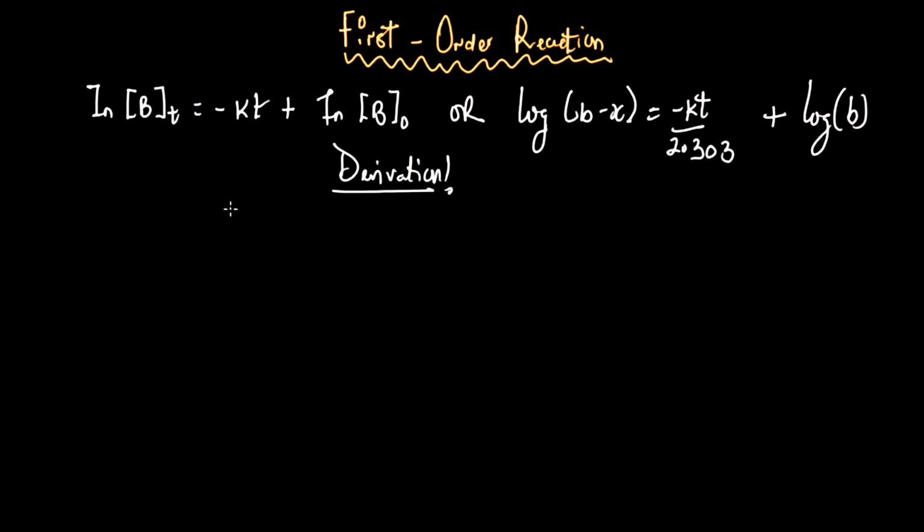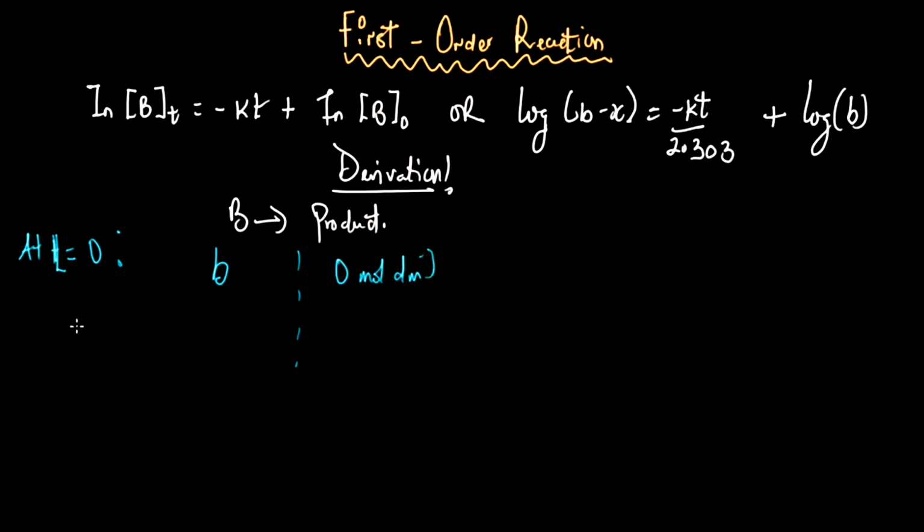So this is the equation. We have B to give the product. At time t equals 0, we have the concentration of B as B, and the concentration of the product as 0 mole per dm cubed.